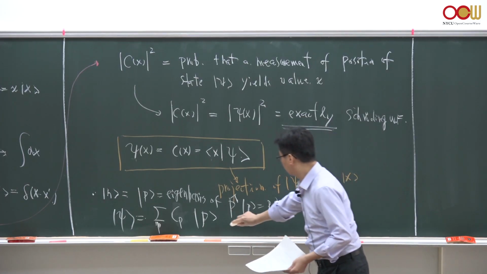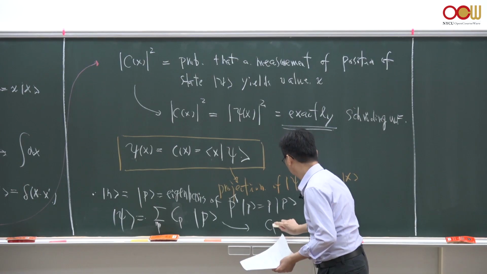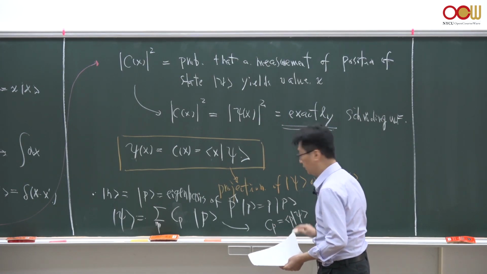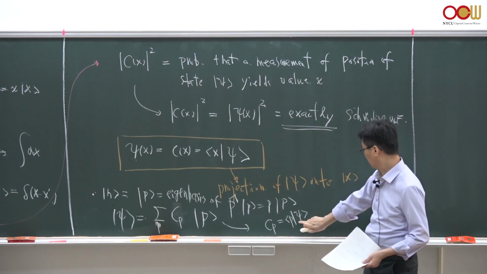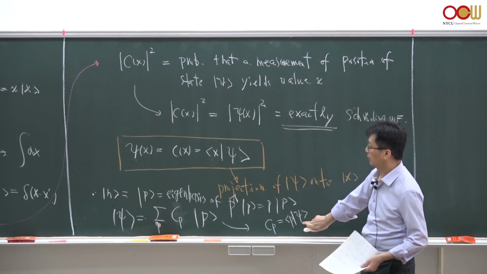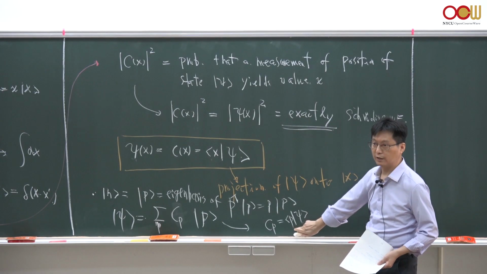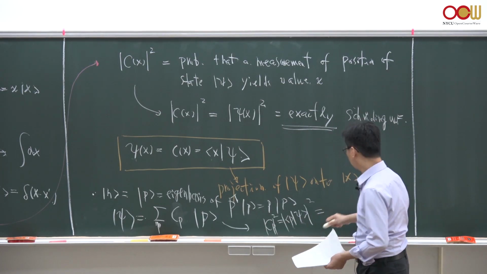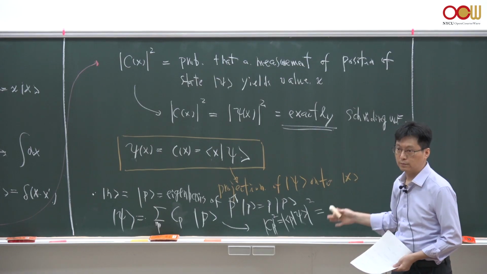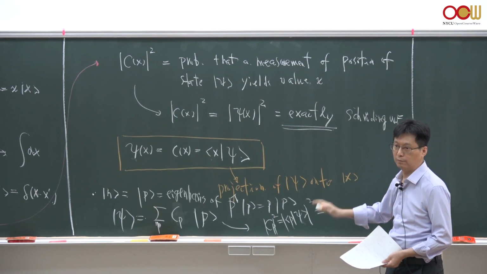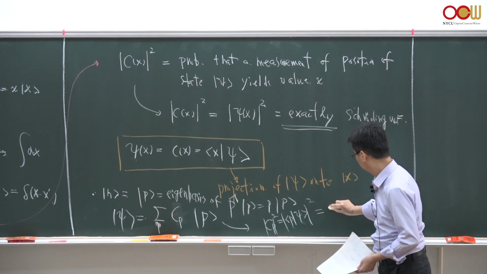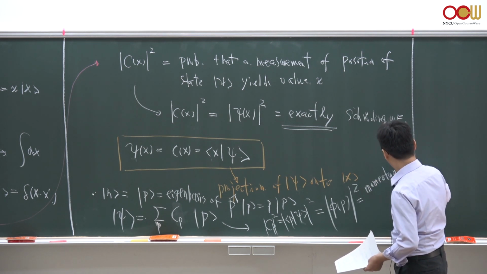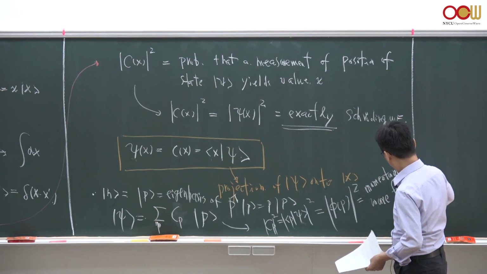And then, of course, C of p is defined as the inner product between the arbitrary Dirac state psi and this momentum eigenbasis p. Right? So if you square this, this is precisely the probability that you find a particle in the momentum state p. Right? This is the momentum space wave function.